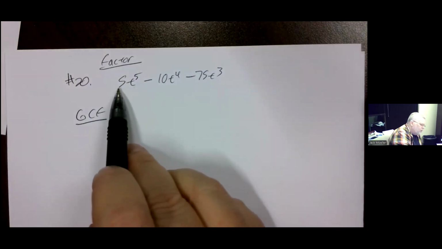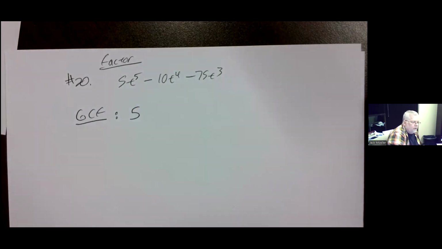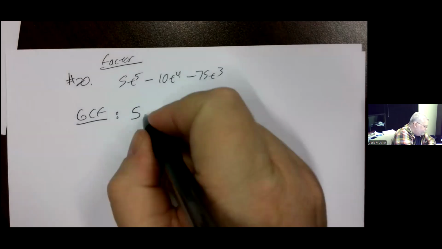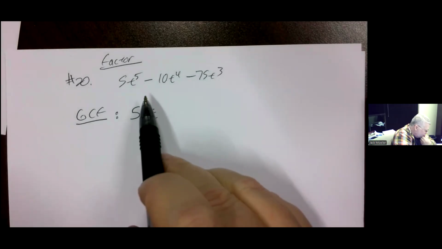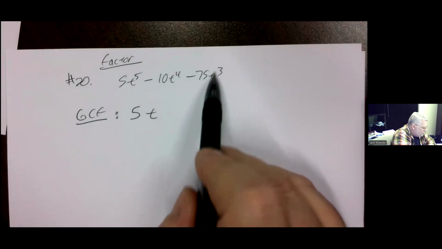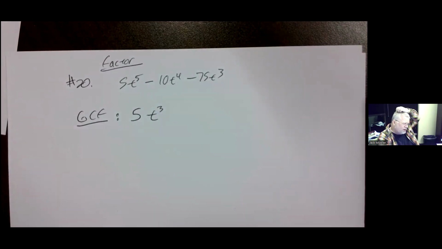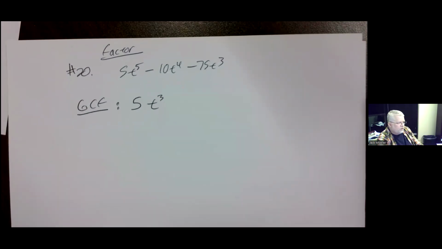Well, always start with your smallest number, 5. 5 goes into 10, 5 goes into 75. So number-wise, it's 5. There's a t in all of them. And I probably should vary these examples up, but 3 is the smallest exponent again. That's just coincidence. I didn't vary my examples enough, but that's the GCF.